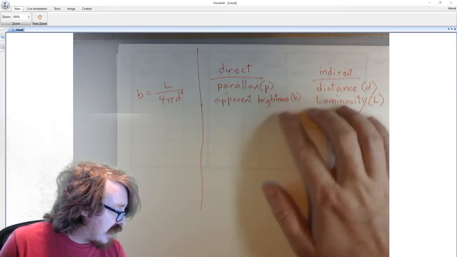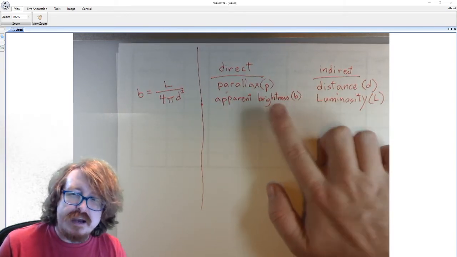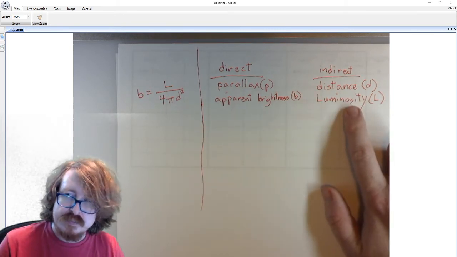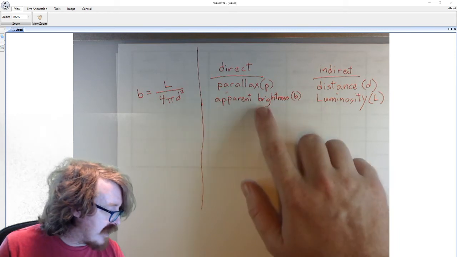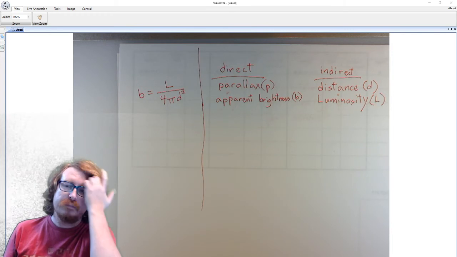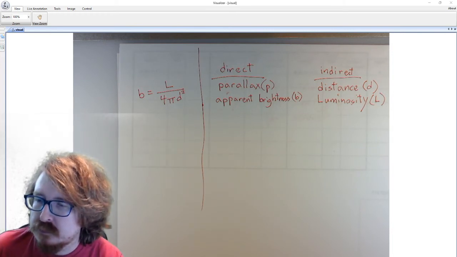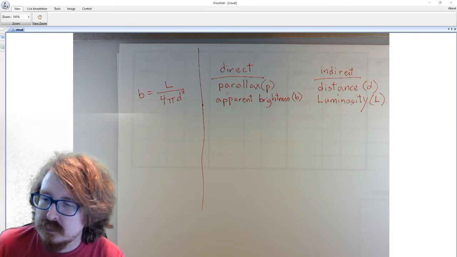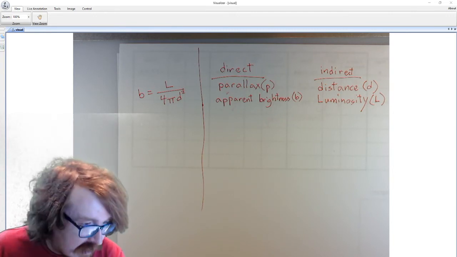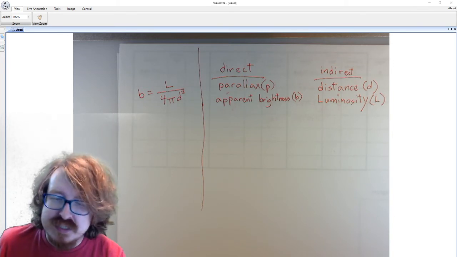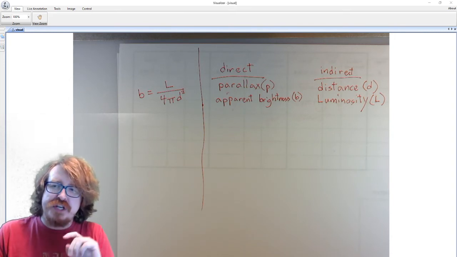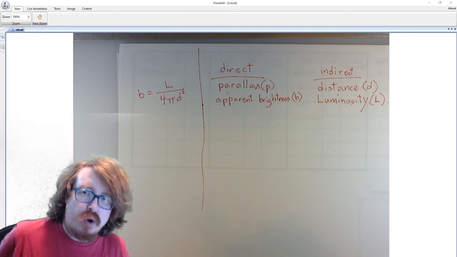Is the astronomer going to have to use this equation to find the apparent brightness, or are they going to use this equation to find the luminosity? It's the luminosity, right? Because the brightness is what you see, okay? The brightness is what you see. So that means that we don't need to use this equation to find B.